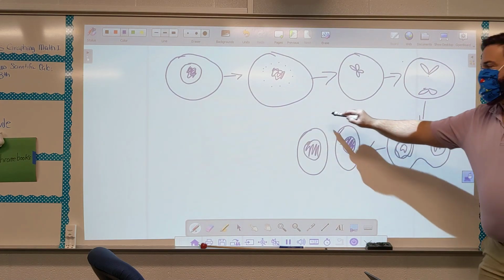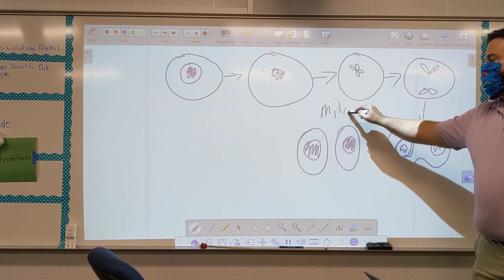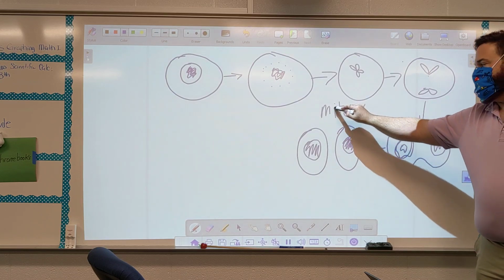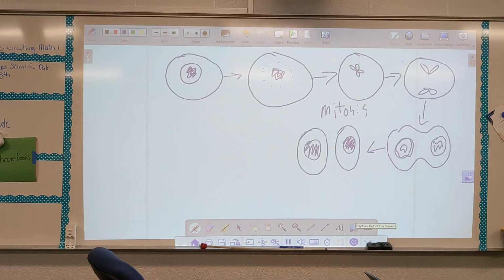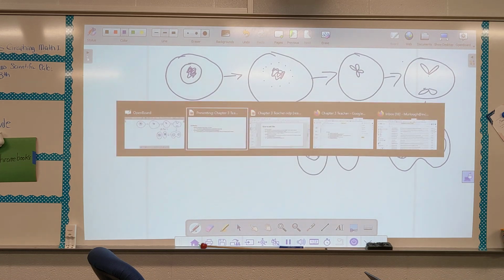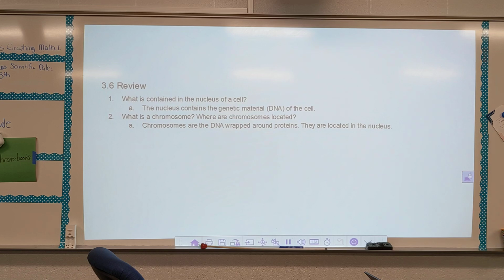That's called mitosis. Okay? So that's when chromosomes are important, during mitosis. There's also something called meiosis, but we'll talk about that later.